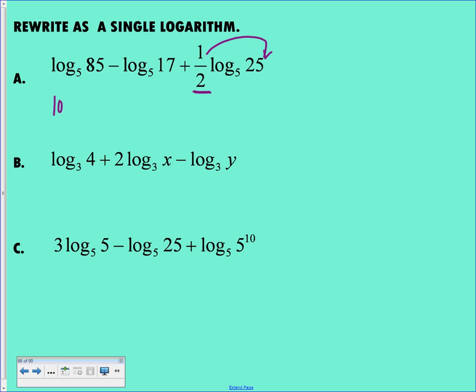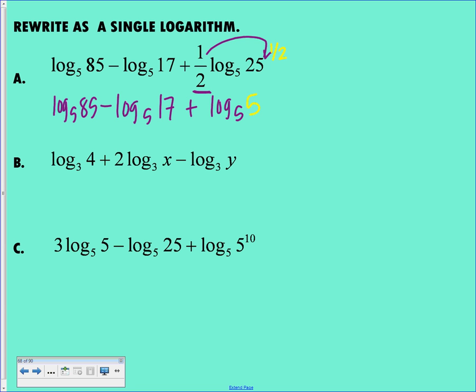So my log base 5 of 85 minus log base 5 of 17 plus, now this is going to turn into log base 5 of 25 to the 1/2. And 25 to the 1/2 is 5.